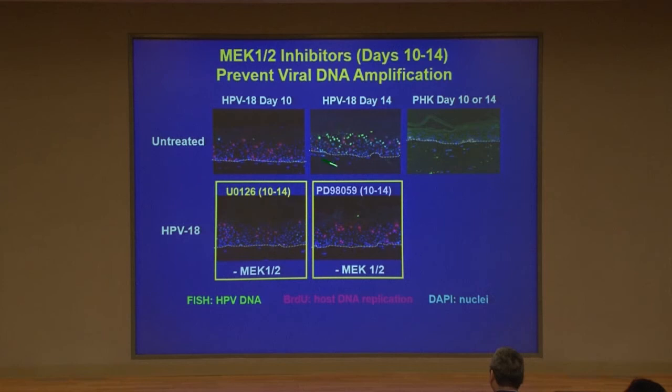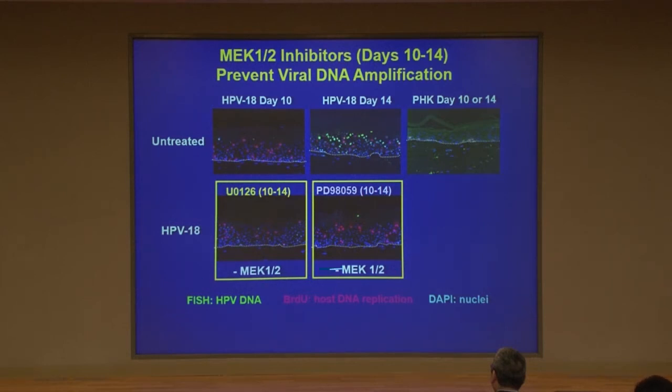And here's untreated. This is BrdU in red. Green is viral DNA. On day 14, you can see lots of amplification. Now we treat with one of two MEK inhibitors, which act upstream from ERK.